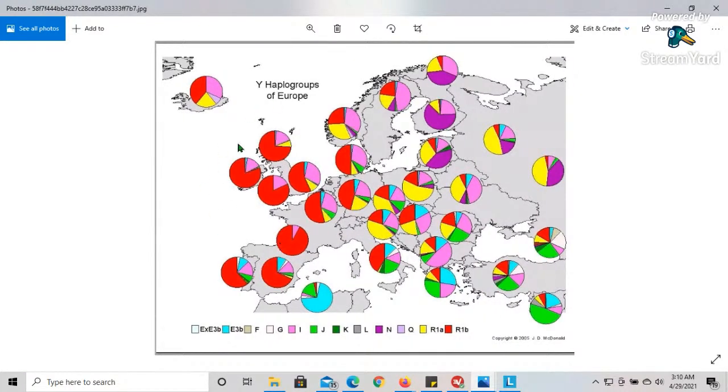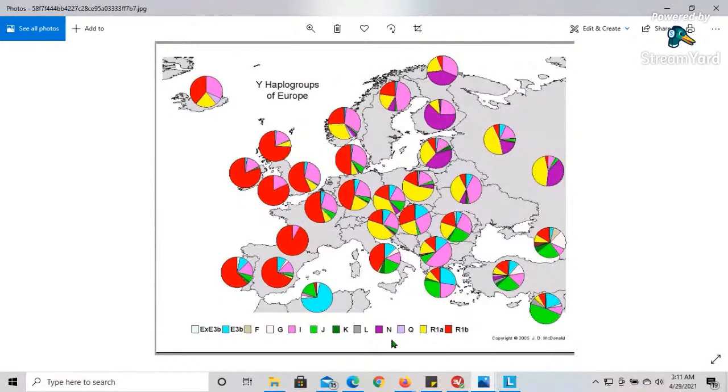But there are huge populations in England, Ireland, Spain, France and Portugal, which is something I don't know how that happened, but it's a big population. Somehow, I don't know how it happened. But anyways, it's an Asian Y chromosome, but the population doesn't really look very Asian. I mean, a little bit it does.